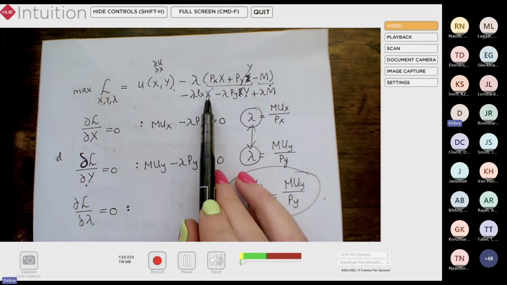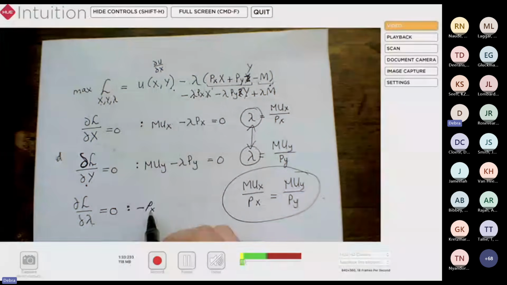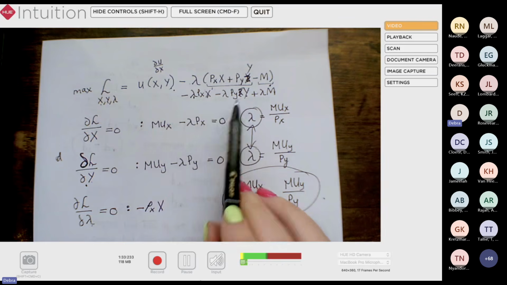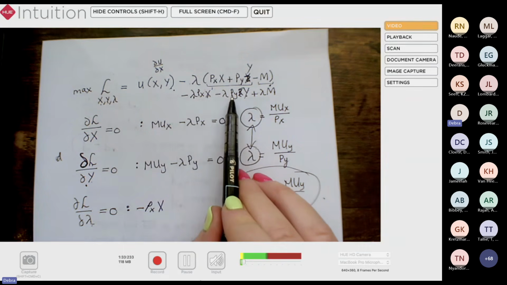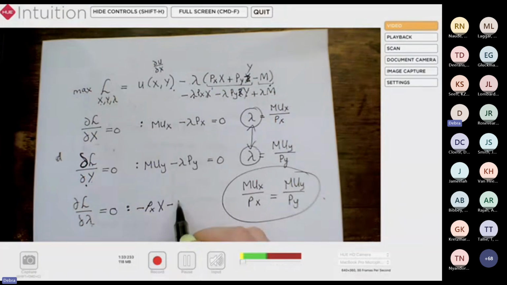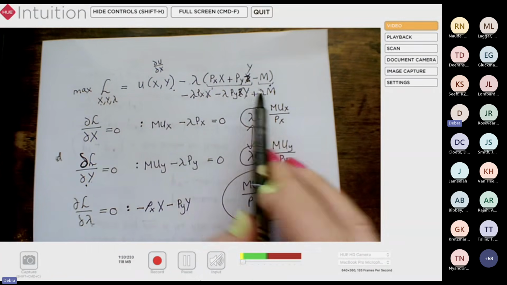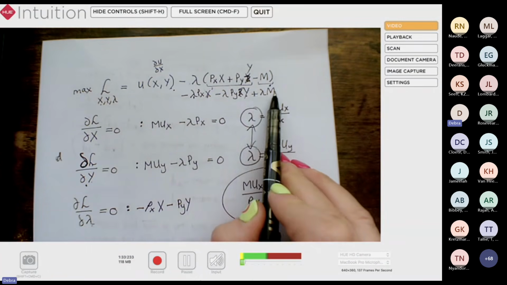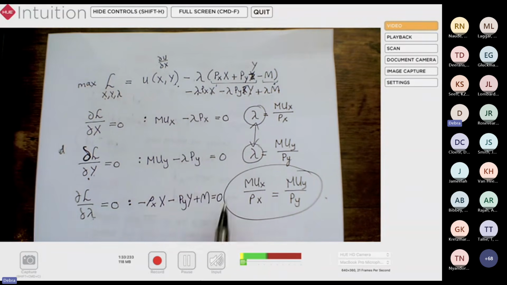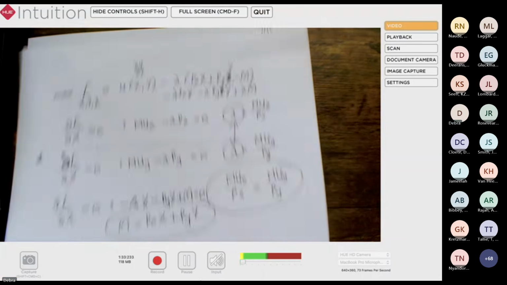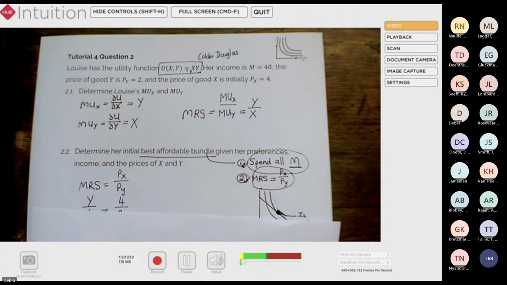So I have minus PxX, and then minus lambda PyY with respect to lambda gives me minus PyY. And then the first derivative of plus lambda M with respect to lambda is plus M equals 0. And if I rearrange this, what do I get? M is equal to price X times X plus price Y times Y. That is condition 1. Okay.